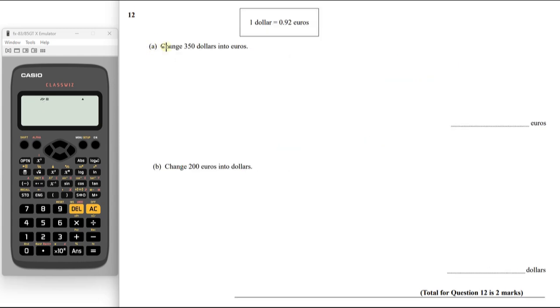Question 12, part A, change $350 into euros. Now we've been given the conversion up here. We're told $1 is equal to 0.92 euros. So to go from 1 to 0.92, we are just going to be multiplying by 0.92. However many dollars we've got, if we times by 0.92, that will give us our answer in euros.